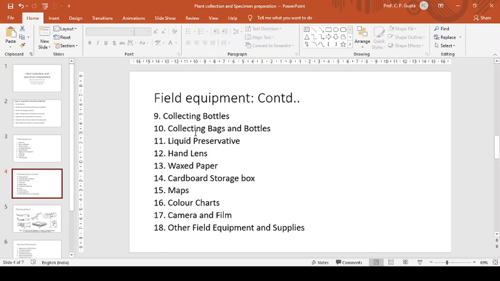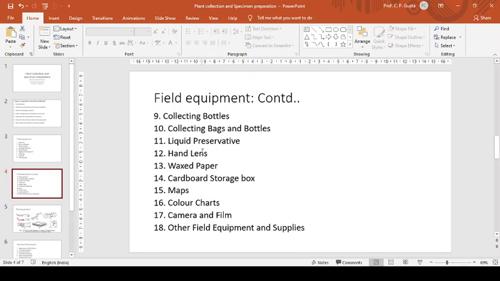Now, liquid preservative: formalin, acetic acid, alcohol. FAA is the most common liquid preservative used for anatomy materials. A 6 to 3 to 1 mixture of chloroform, 95% alcohol and glacial acetic acid is often used for cytological materials. So these two liquid preservatives we use.